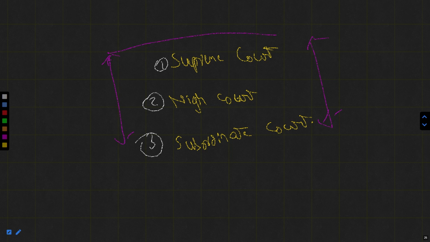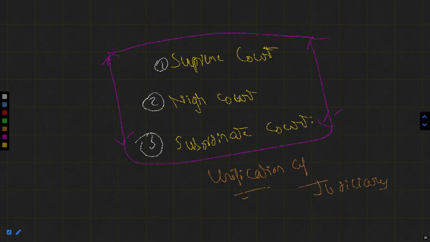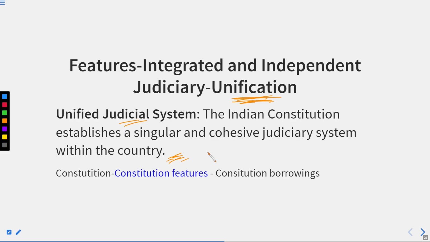So it means that there is a unification of judiciary. All right. So remember this thing.